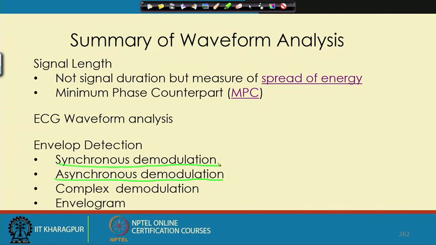Both the synchronous and asynchronous methods assume that it is a monotone kind of signal, where only one strong frequency is present and there is small variation around it. But in real life the signal could have multiple modes in the spectrum, that means multiple tones could be there.